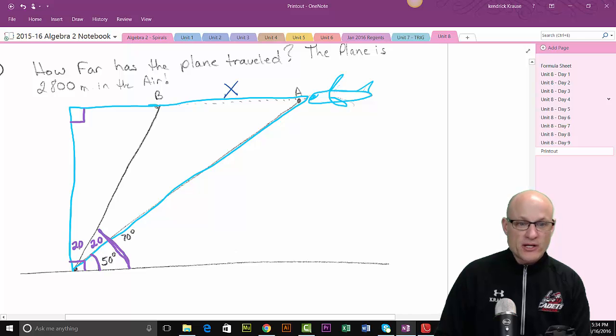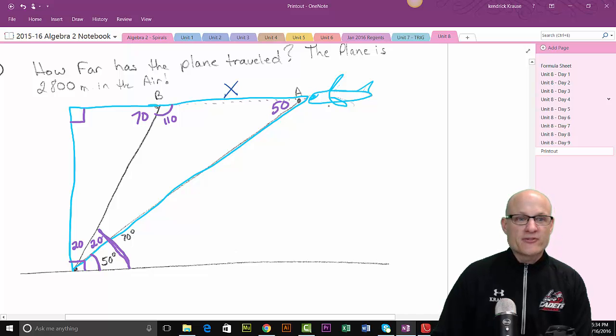Let's see, 50 plus 20 plus 20, that's 90. Good. So this is 90, and that's 20. This has to be 70, because 20 plus 70 is 90, plus 90 is 180. If this is 70, this is 110. If this is 20, and that's 110, that's 130, that makes this 50. All right, found all the angles.